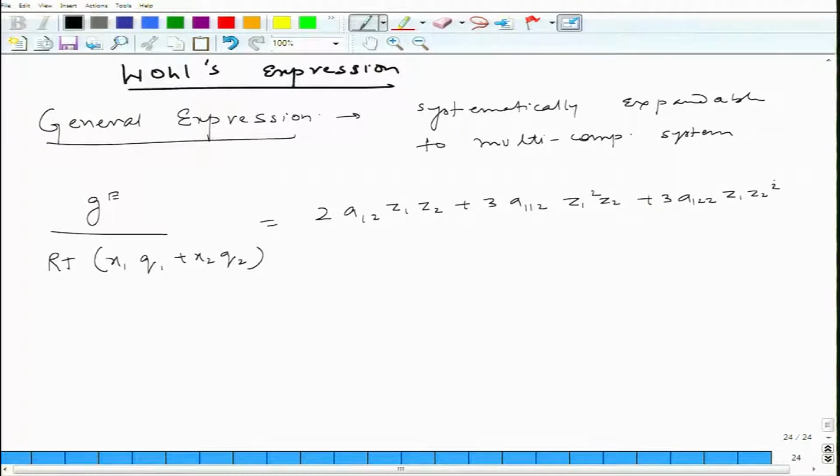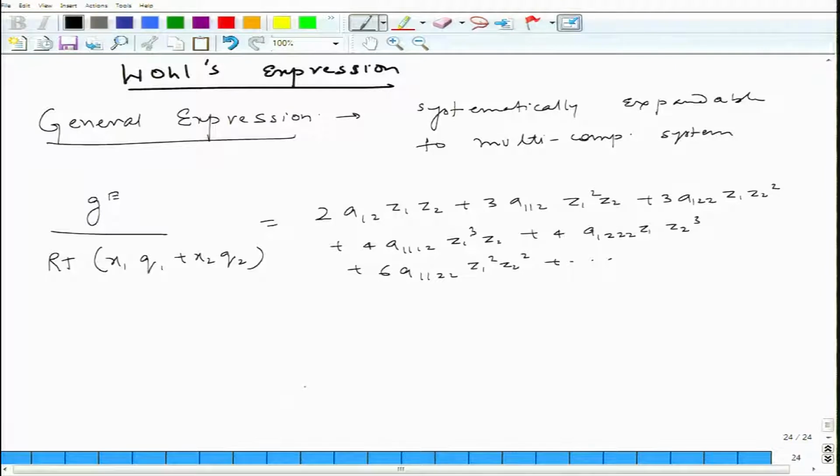And it may look to you very arbitrary, but there is a sound reason for all these terms, and I will come back to that and explain that. And so forth. Okay.